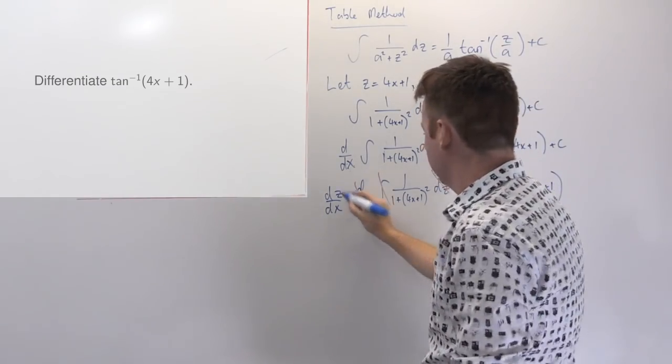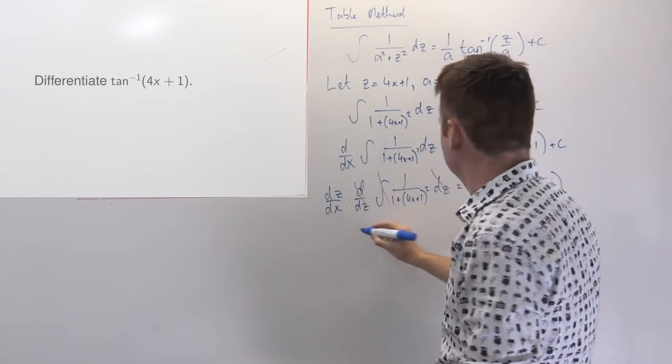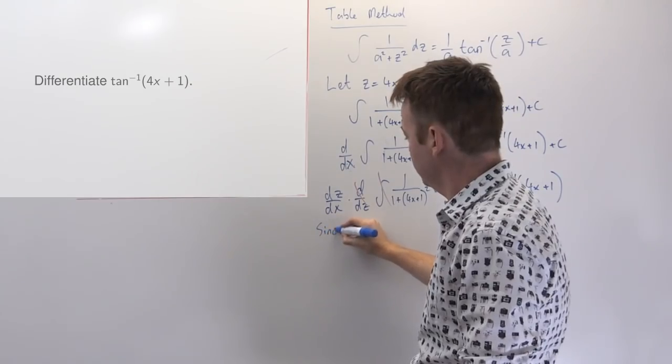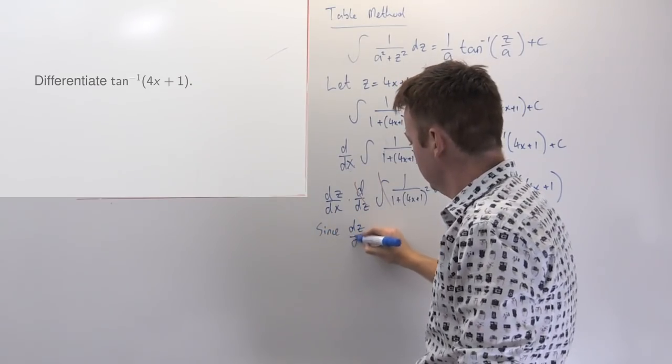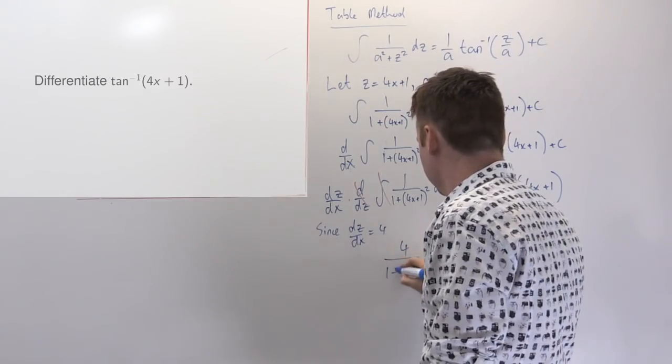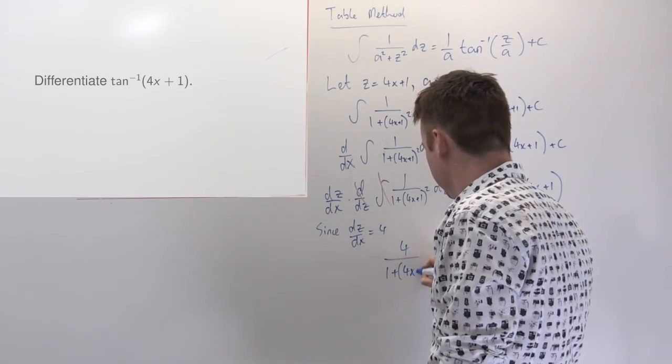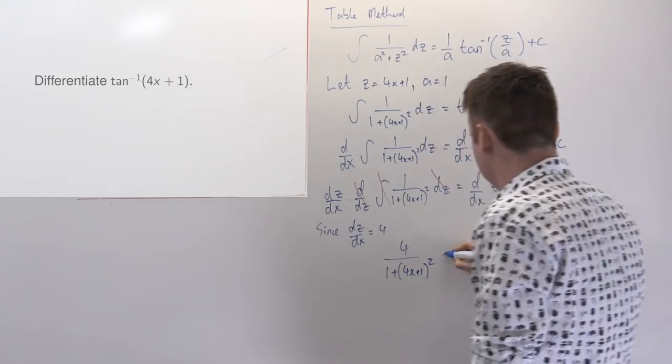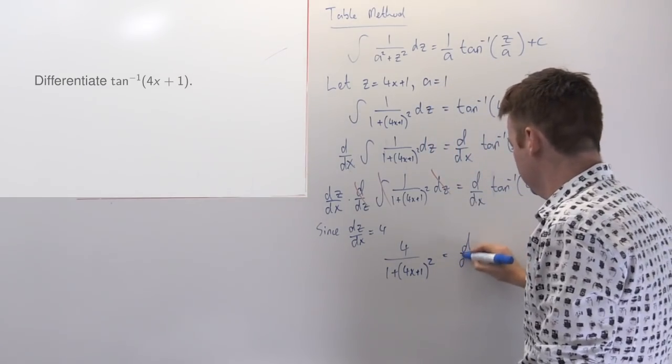So this becomes d dz, dz dx is just 4. This becomes 4 on 1 plus 4x plus 1 all squared, which is equal to the derivative I'm after.